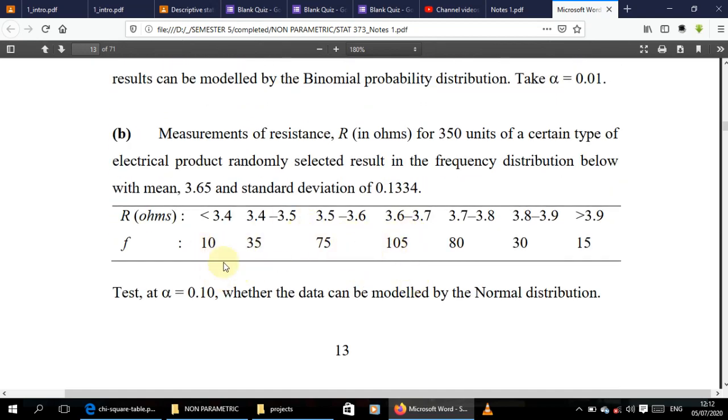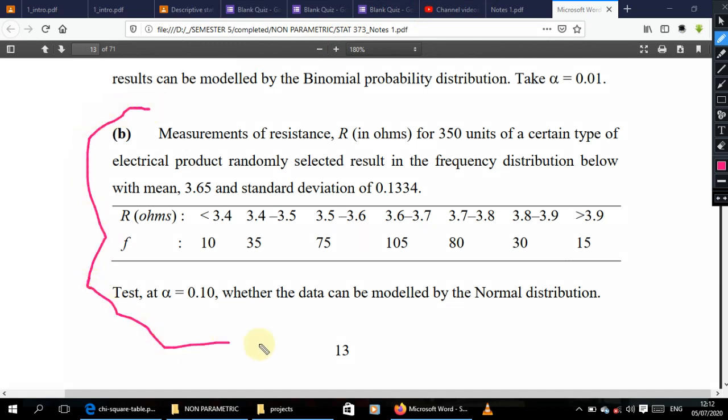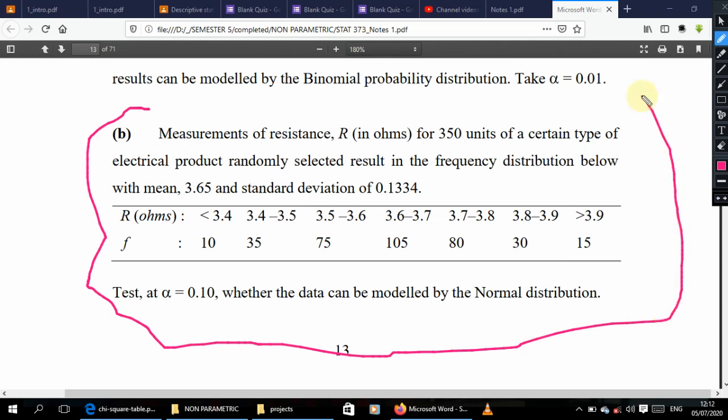After watching the video, this is your second assignment. Make sure you tackle this question, solve it, and send it to my email.